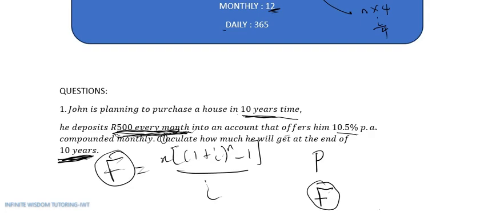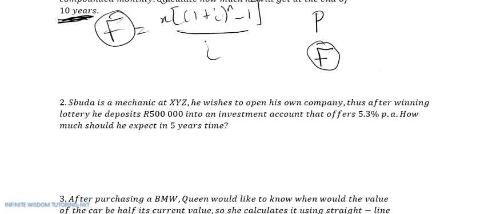This is for us to understand how to utilize the equations and choose them correctly. It says Buddha is a mechanic at XYZ. He wishes to open his own company. Thus, after winning the lottery, he deposits 500,000. Here's the important information: he deposits 500,000 into an investment account that offers him this much per annum.